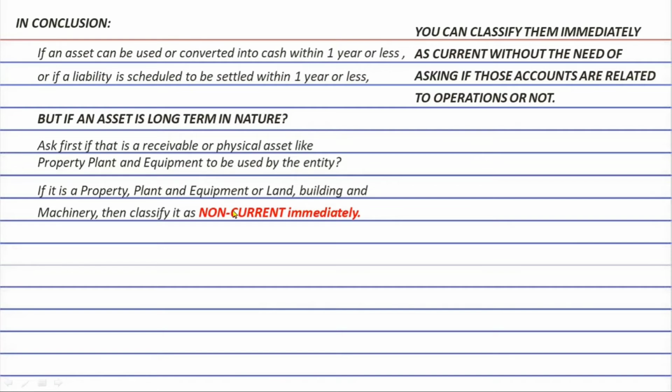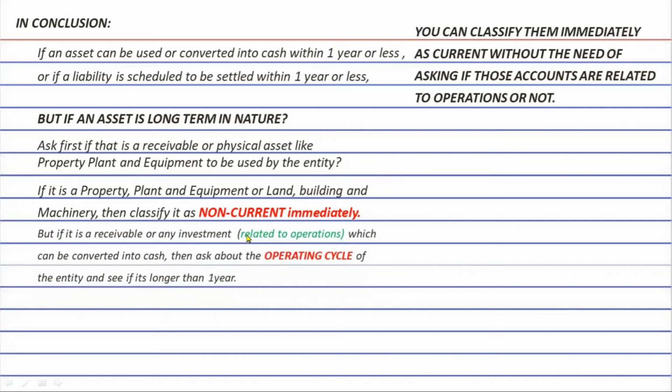But if it is a receivable or any investment which can be converted into cash, then ask whether the account is related to operations. If it is not related to operations, then go back to here. So it's as easy as that.